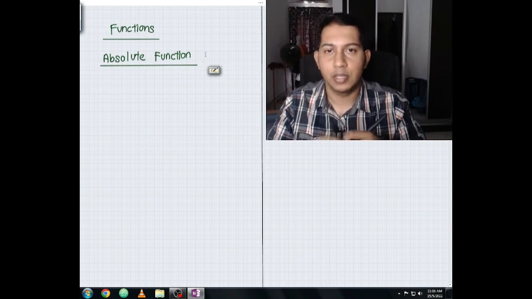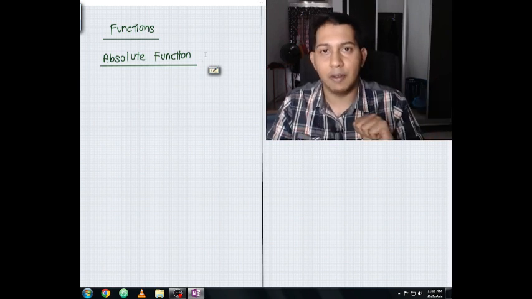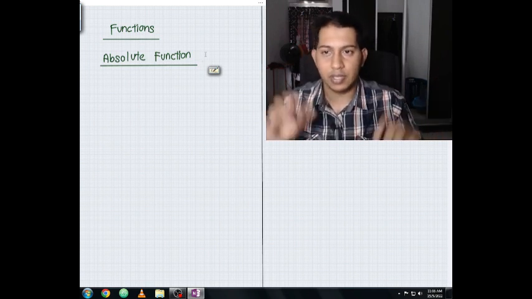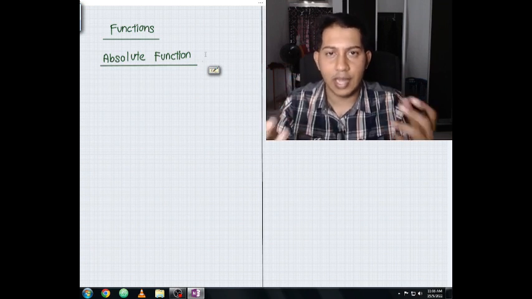So whether you have a positive object or a negative object, your image will always come out as positive. This is the simple explanation of what an absolute function is.